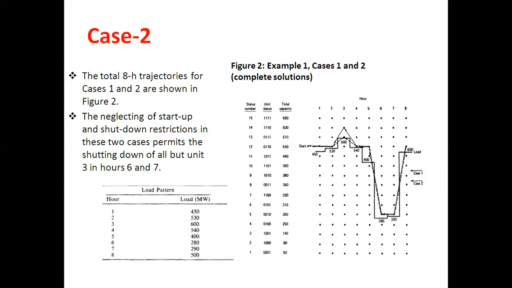But here we are applying the concept of complete enumeration, which means we are including state 13, and we are also concerned about the cost.